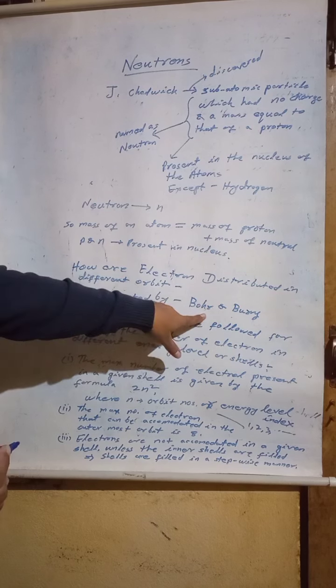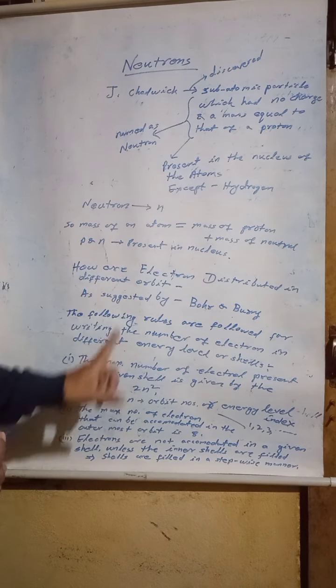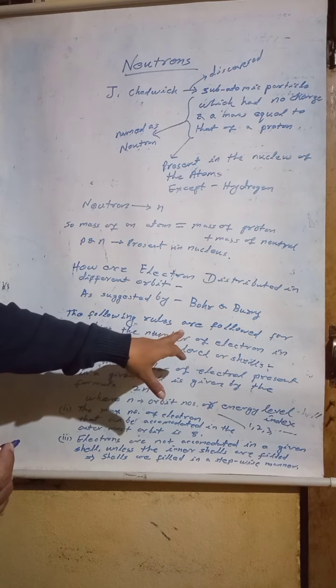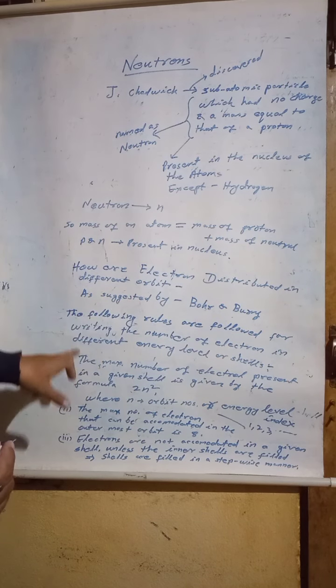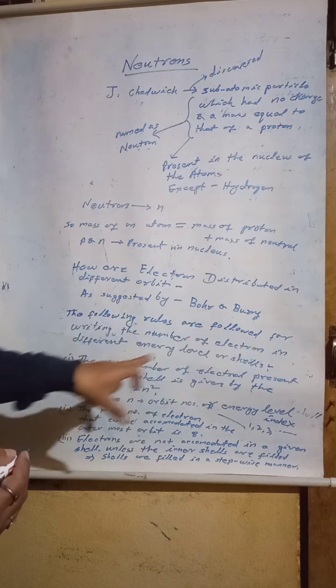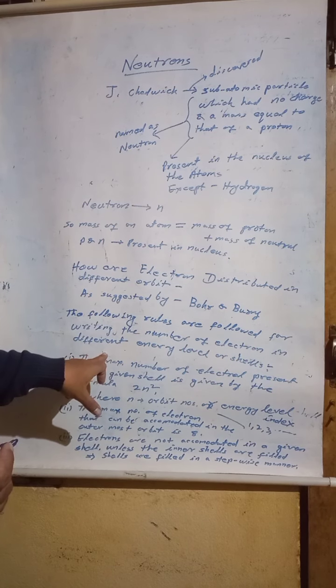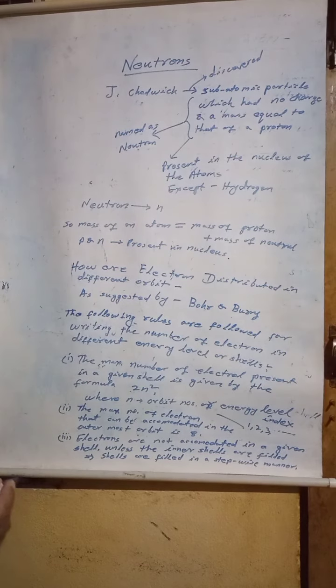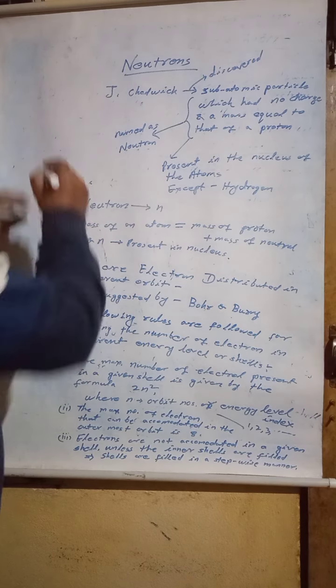As suggested by the chemists Bohr and Bury, the following rules are followed for writing the number of electrons in different energy levels or shells. What are the energy levels of shells?